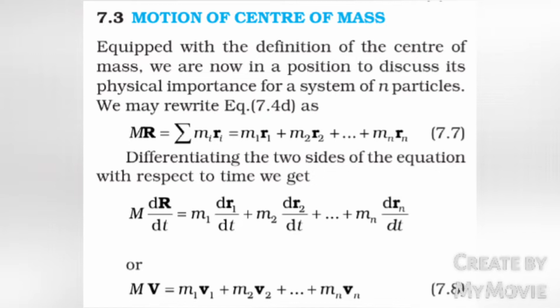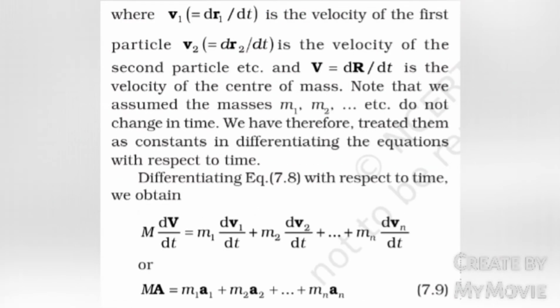Differentiating the two sides of the equation with respect to time, we get m dR/dt = m1 dr1/dt + m2 dr2/dt + ... + mn drn/dt, or mV = m1v1 + m2v2 + ... + mnvn, where v1 = dr1/dt is the velocity of the first particle, v2 = dr2/dt is the velocity of the second particle, etc. And V = dR/dt is the velocity of the center of mass.